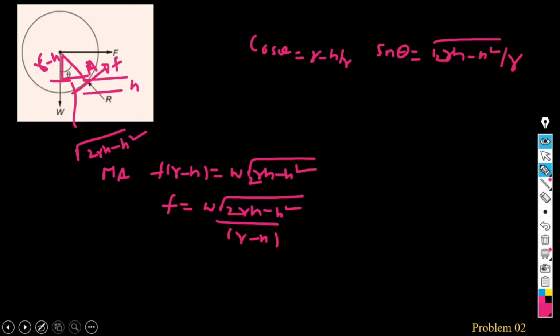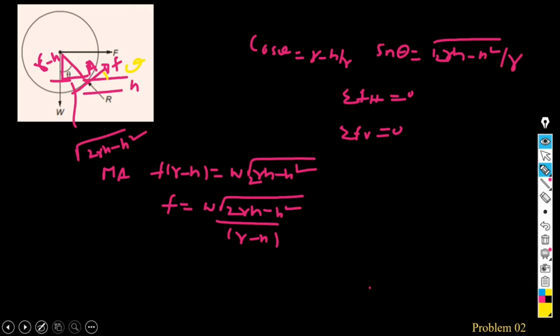Let's resolve the forces along horizontal as well as vertical. Since the roller is in equilibrium, the summation of forces should be equal to 0. Then this is theta and this is also theta.